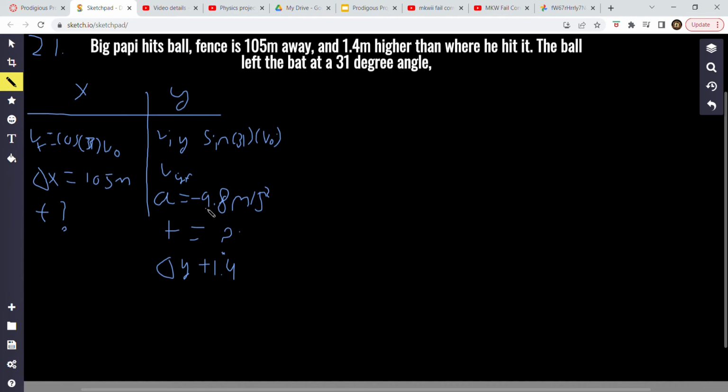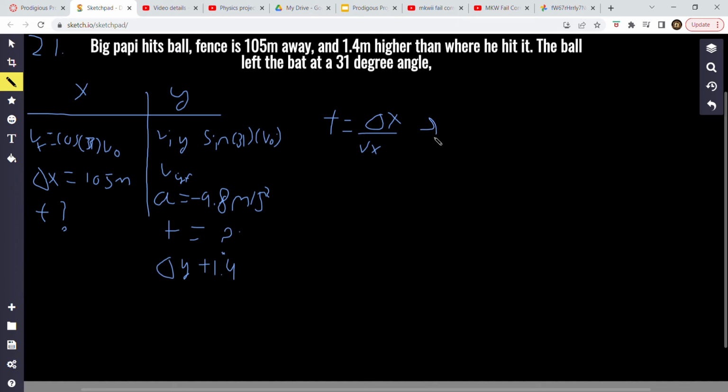Now we can look at our equation chart, and we first have to get time, because pretty much all of the equations use time or require another variable. So time we can plug into other equations, so let's do that first. Time is really just the delta x over the velocity Vx.